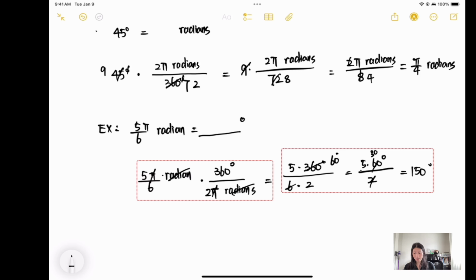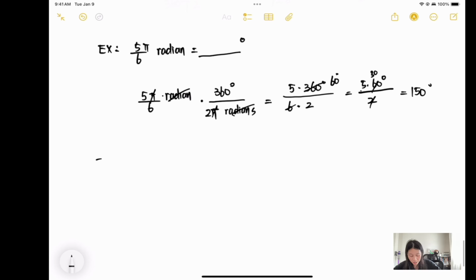Okay, let's do another one. Let's try the negative. Negative angle, we learned that before. We have a negative 3 pi over 2 radians. And now I want you to convert this to a degree. Now let's try to not put the radians since we're already familiar with the process.